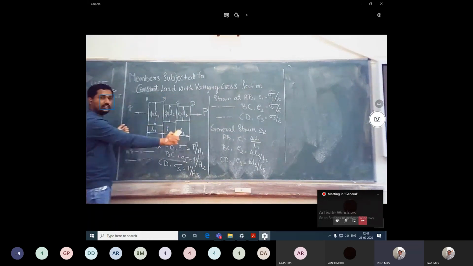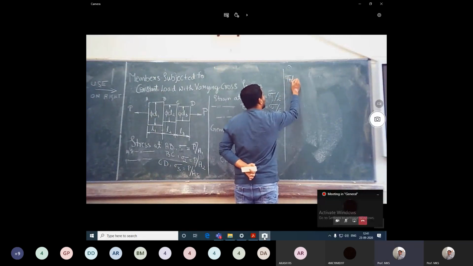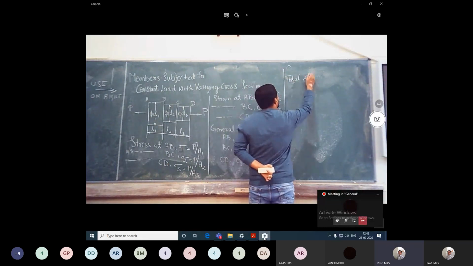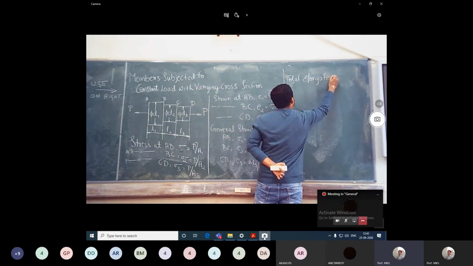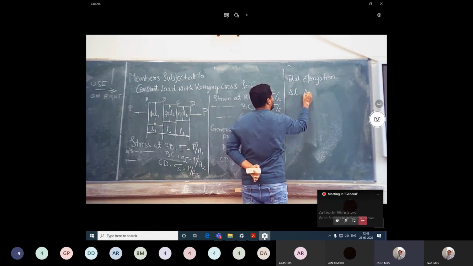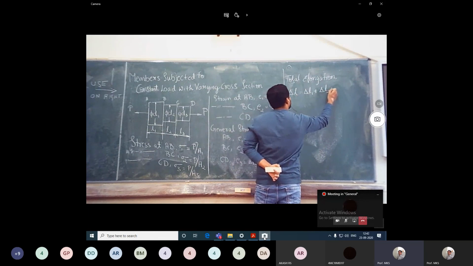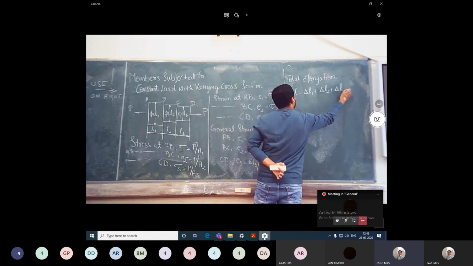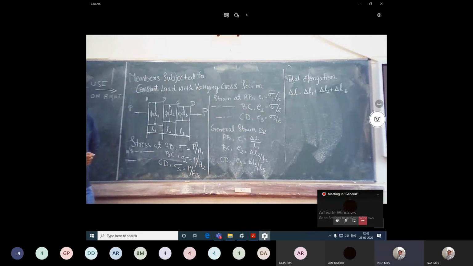So total elongation is given by delta L is equal to delta L1 plus delta L2 plus delta L3, according to principle of superposition.